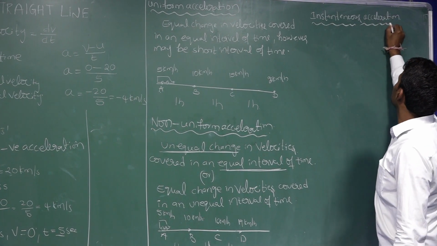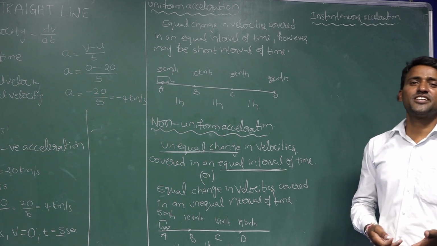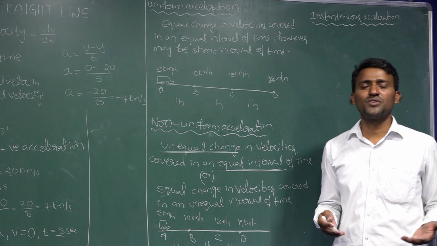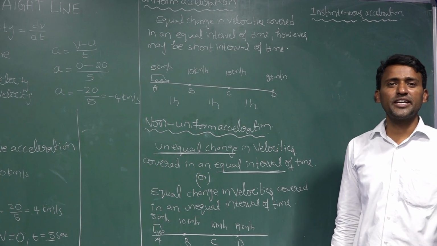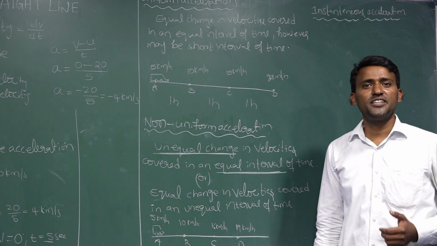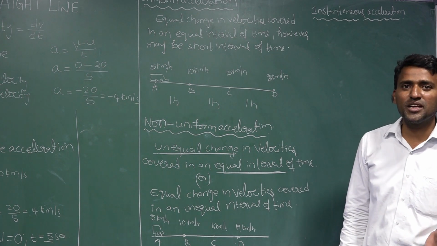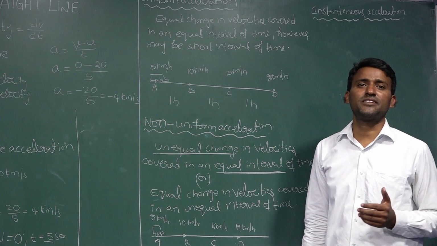What is instantaneous acceleration? See here, what is instantaneous speed, what is instantaneous velocity? Same like that only. Instantaneous speed means the speed of the particle at a particular instant. Instantaneous velocity is the velocity of the particle at a particular instant.